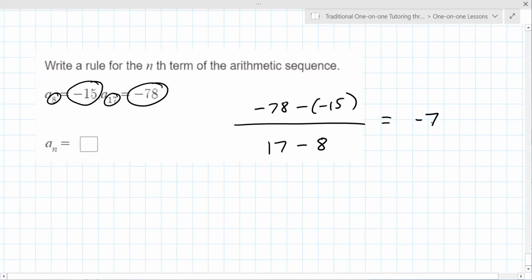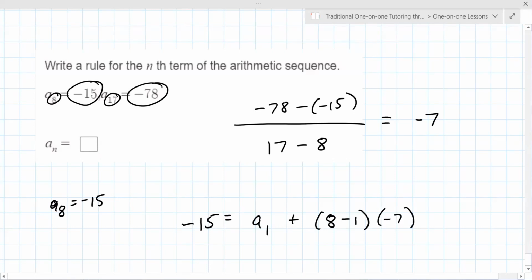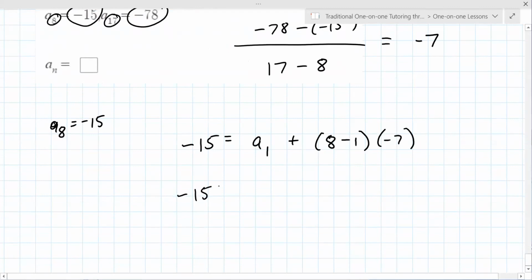Very good. All right, so the next thing is that you are going to use this first point, a8 equals minus 15. And it becomes minus 15 equals a1 plus 8 minus 1 times minus 7. And this is what you end up solving for a1.